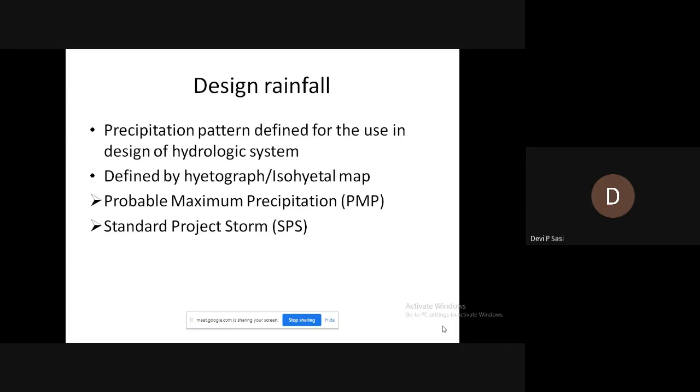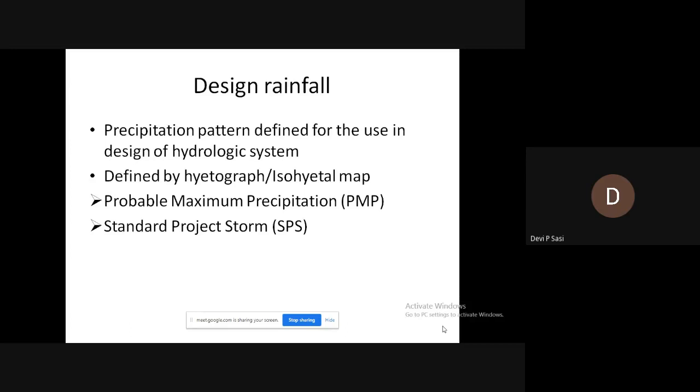SPS is the heaviest rainstorm that has already occurred in the region during the period of rainfall. SPS will be a value that has actually occurred, the heaviest rainstorm which has occurred in the region during the period we study. We are choosing the heaviest storm that has occurred in the region of the basin during the rainfall records.